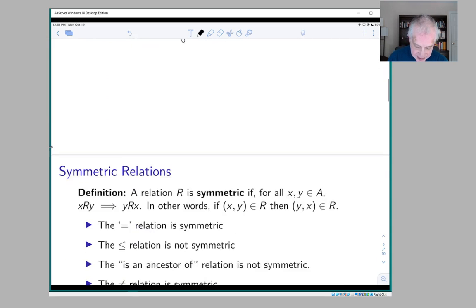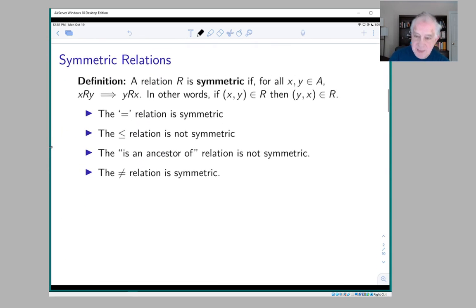The next one is called symmetry, and it's probably what you would think symmetry might mean. A relation R is symmetric if whenever x is related to y, y is related to x. In other words, if xy is an element of the relation, then yx is an element of the relation.